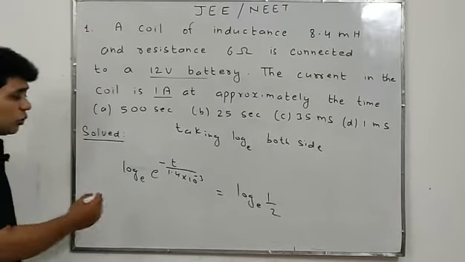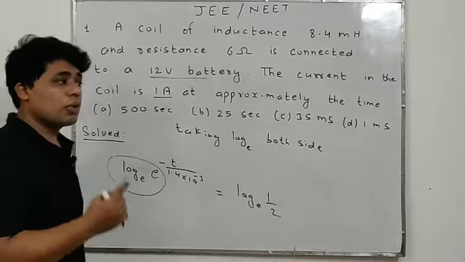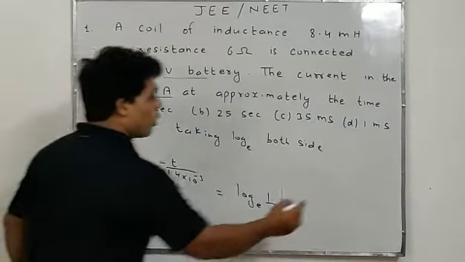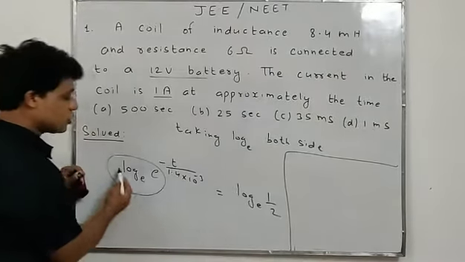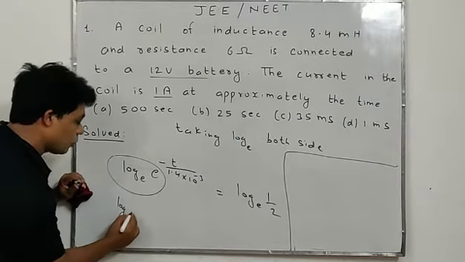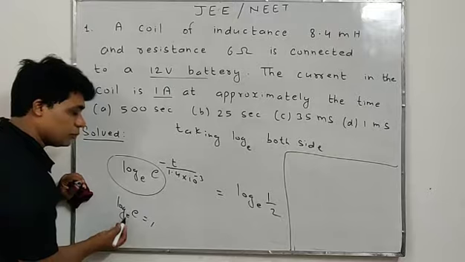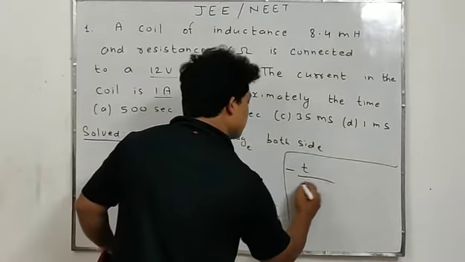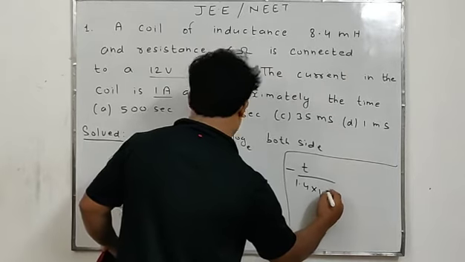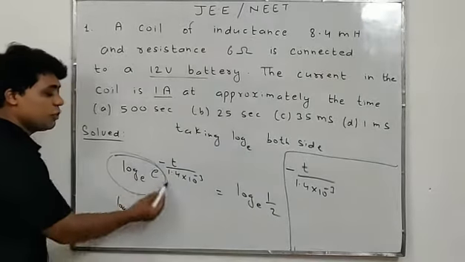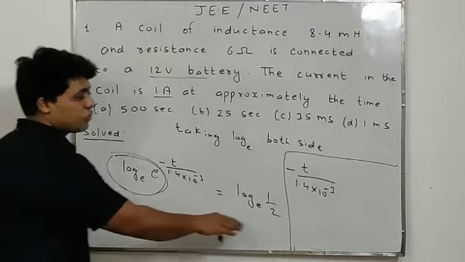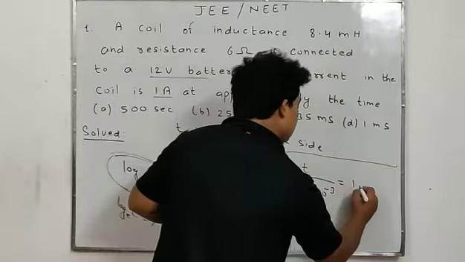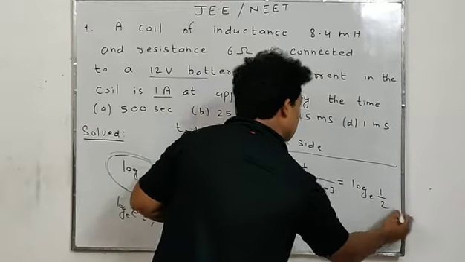We know log e is 1. This term is written as minus t upon 1.4 into 10 to the power minus 3. Log e will be eliminated because its value is 1. Now here we have log e half.